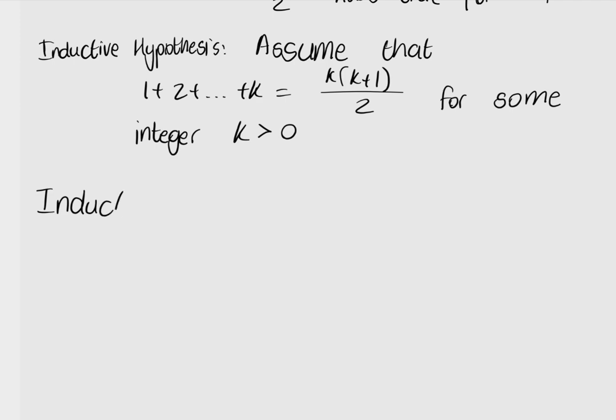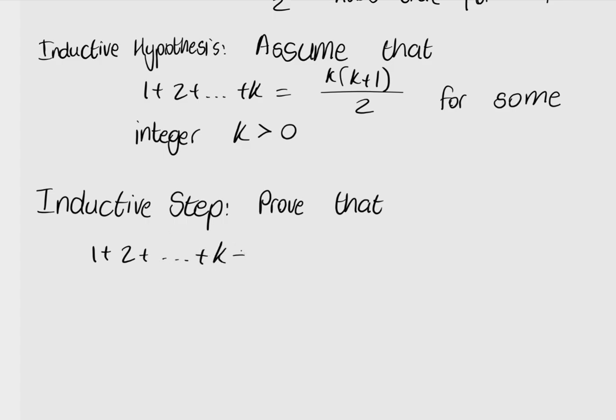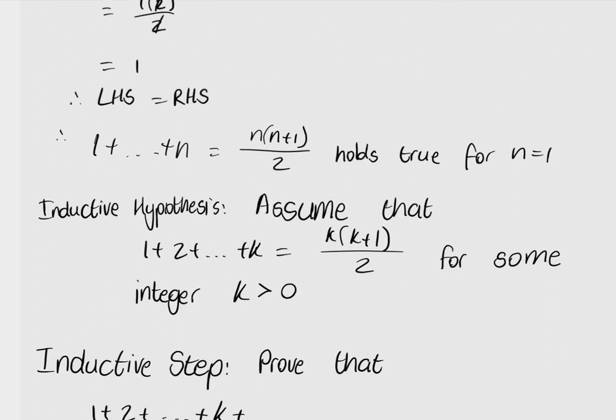Then we move on to the inductive step, and this is where we have to prove that 1 plus 2 plus dot dot dot all the way up to k, but remember, k plus 1 as well, right?